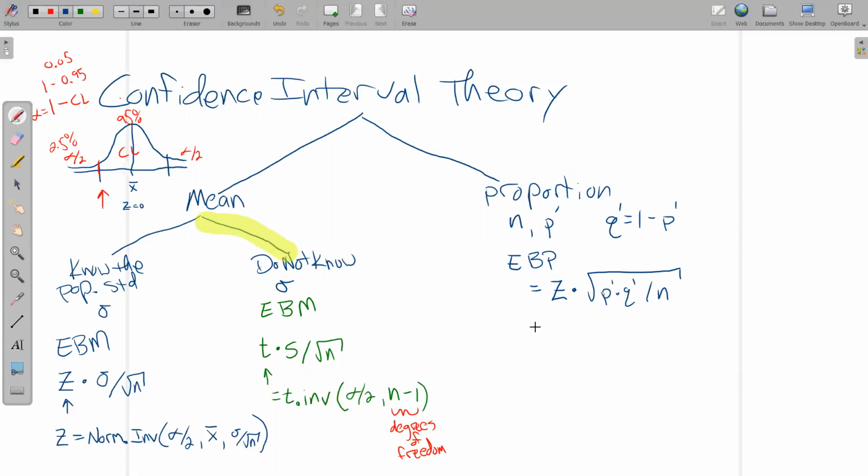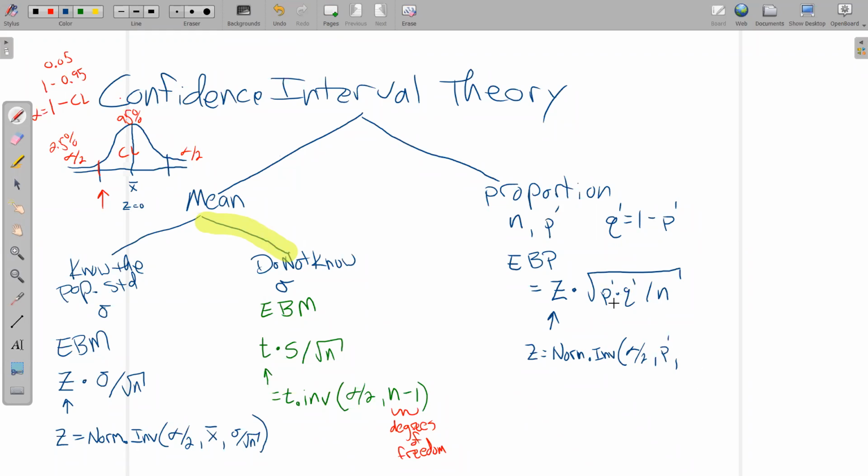To find the z-score, it's similar if you're using a spreadsheet. So that z-score is, again, a norm inverse. And in the norm inverse, we would tell it our alpha over 2, just like the other ones. And then the mean for a proportion is the proportion, so then it would be p prime.